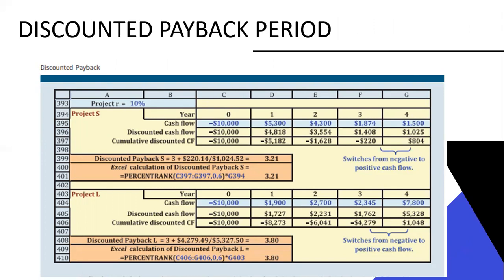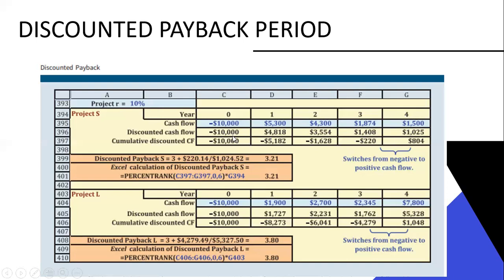But if you're using the discounted payback period, the difference is that each of these regular cash flows is discounted, and these right over here are the discounted cash flows.